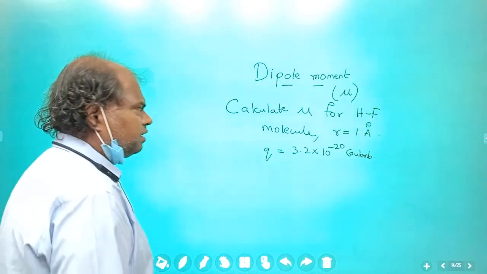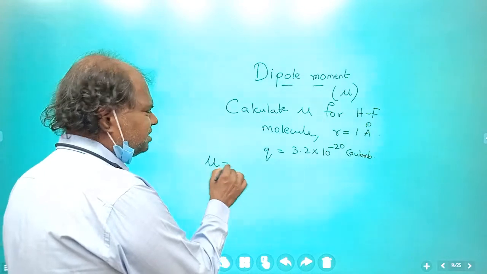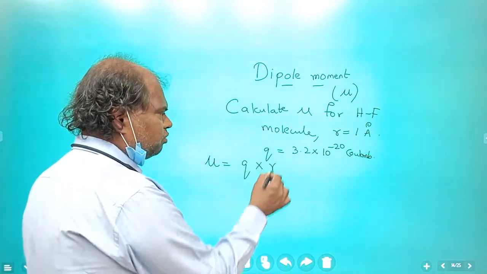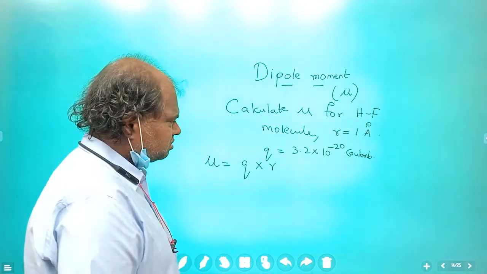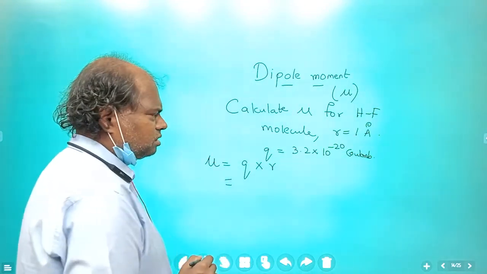So I have to find the dipole moment now. What is the formula, students? Very easy question, it will not take much time. Mu is equal to Q into R. So that's a very easy answer.